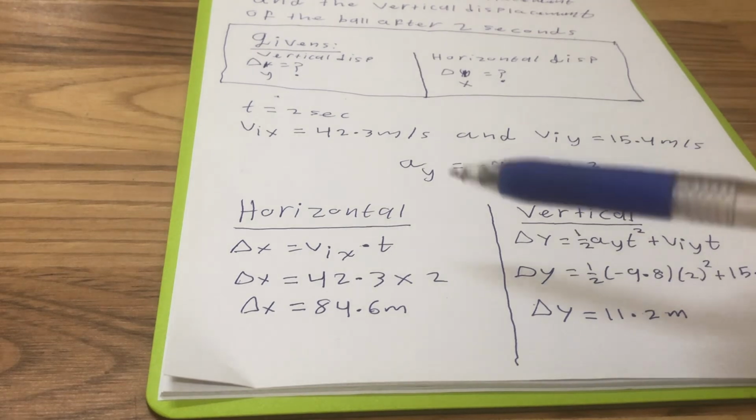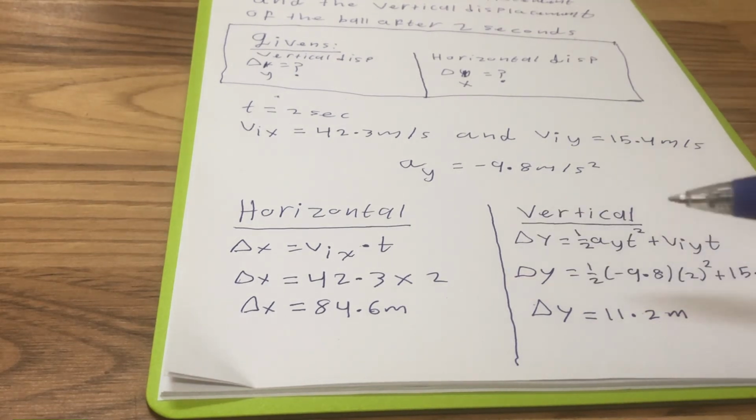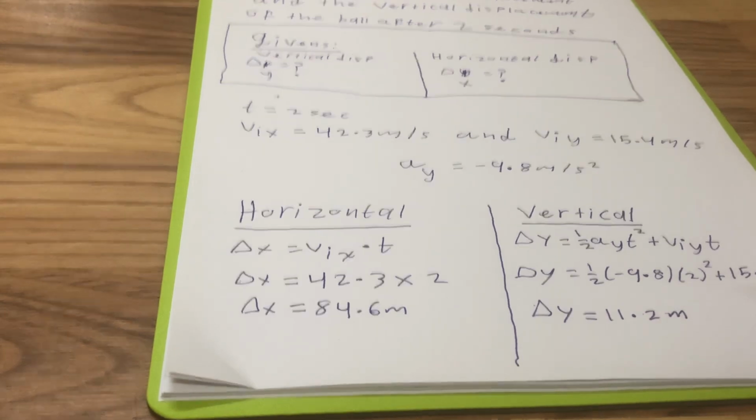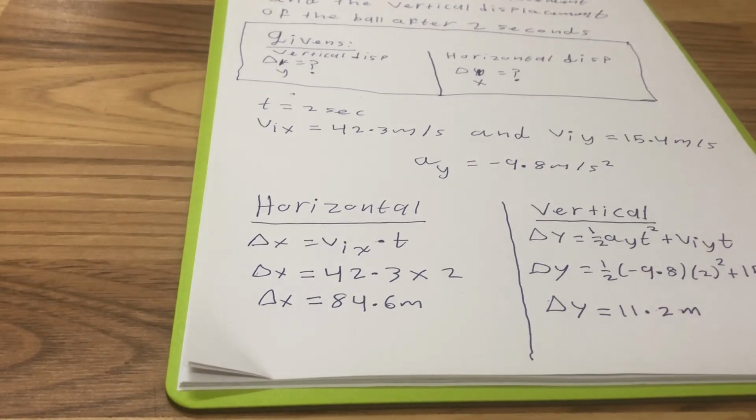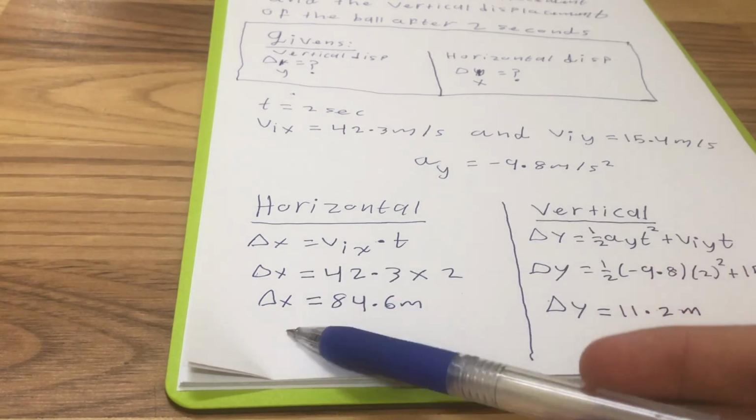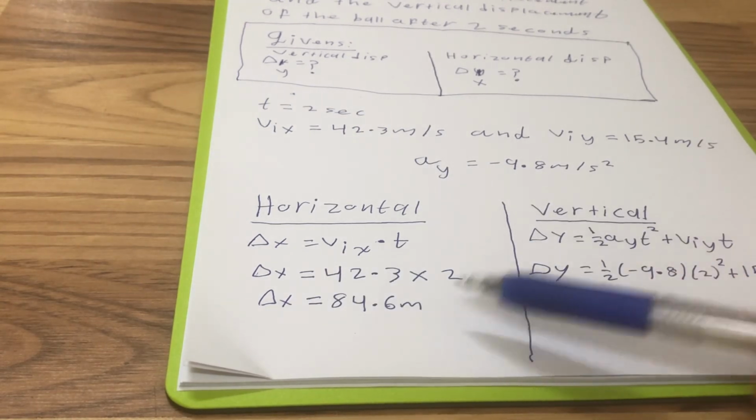Vix is 42.3 times 2. So the answer is 84.6 meters. The unit of delta x is meters.